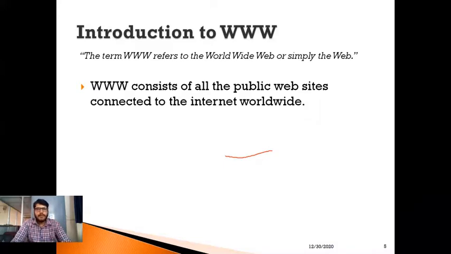You might have observed that while accessing any website, we use www in the web URL. For example, to access YouTube, we use www.youtube.com. To access Google, we use www.google.com. Whatever websites are developed and launched will be available on www. So it is simply called the web, wherein we can connect all these websites to the internet worldwide.